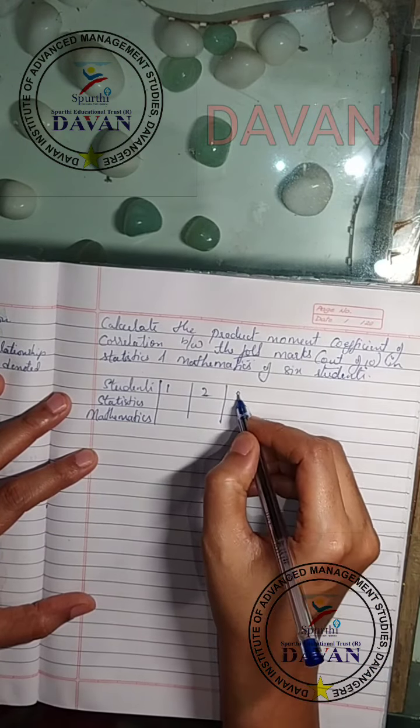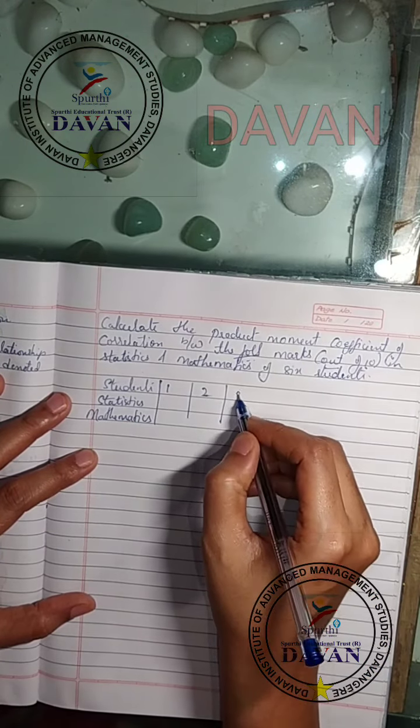What I've taken: 7, 4, 6, 9, 3, 8, 8, 5, 4, 8, 3 and 6. So you can notice in the formula I require x square and y square and product of x into y. So I make a column of x square, make a column of y square, and the product x into y.